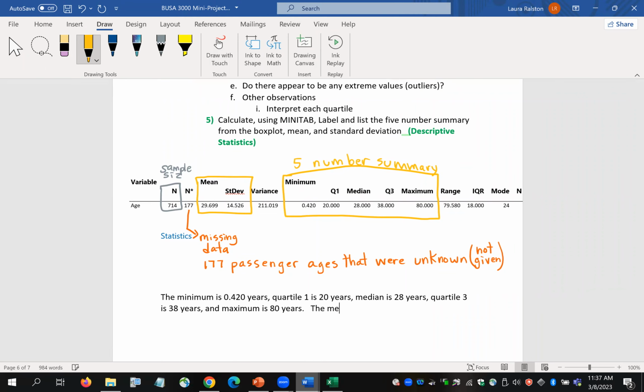The mean age is 29.699 years with a standard deviation of 14.526 years. Okay, you can write it in a sentence. If you want to display it in a table, like I just showed you on the PowerPoint a while ago, you can do that. Okay. It is more than copying and pasting the results from Minitab. You have to actually write it down.